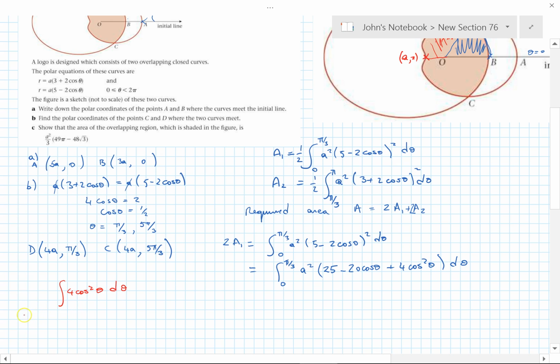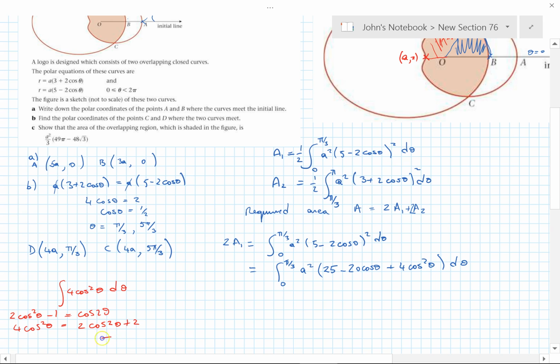Well, note that 2 cos squared theta minus 1 is equal to cos 2 theta. So that gives us that 4 cos squared theta is equal to 2 cos 2 theta plus 2.